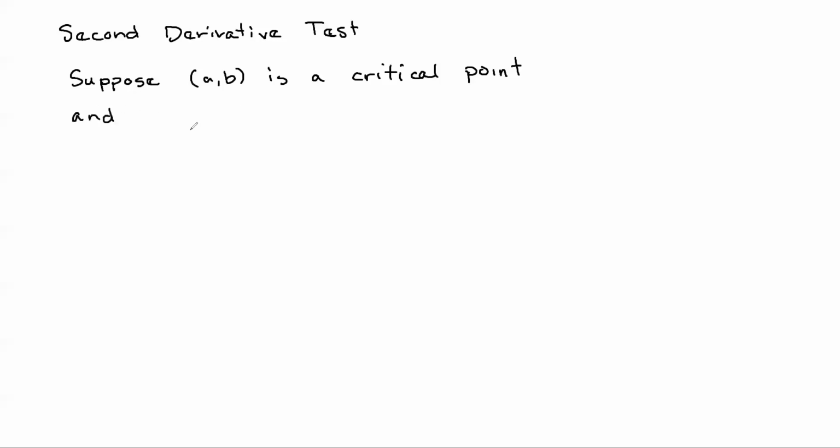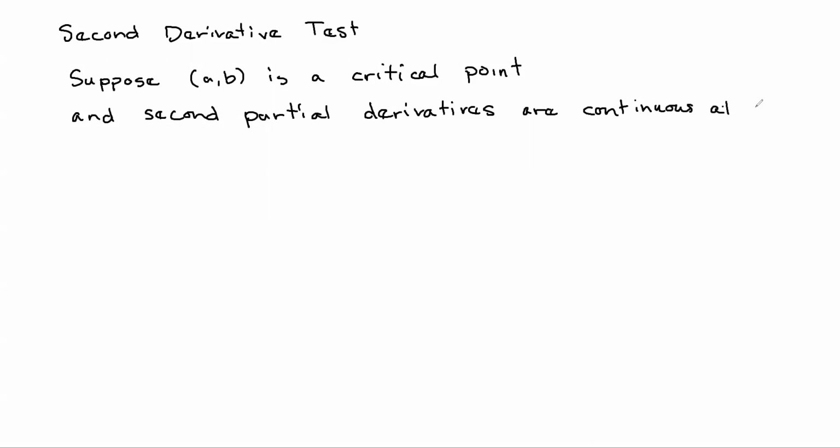All right, so suppose (a, b) is a critical point and the second partial derivatives exist. Oh, hold on, sorry, the second partials are continuous. All right, here we go.